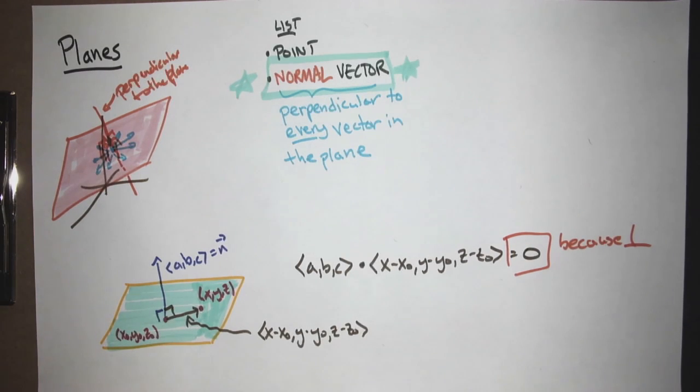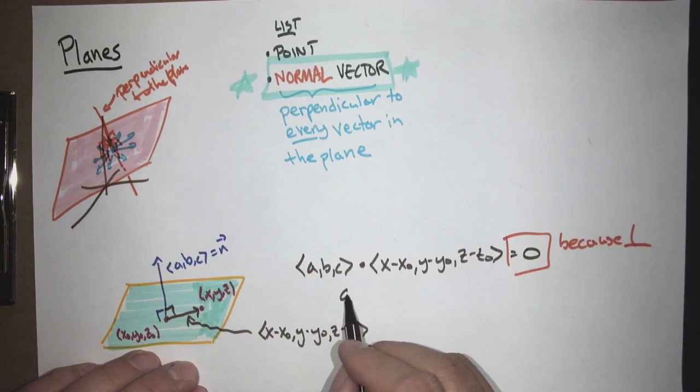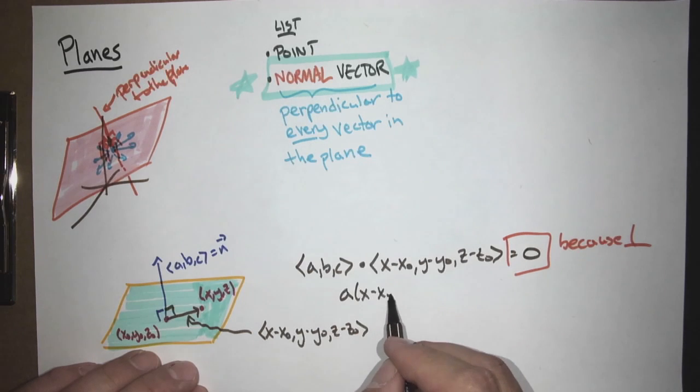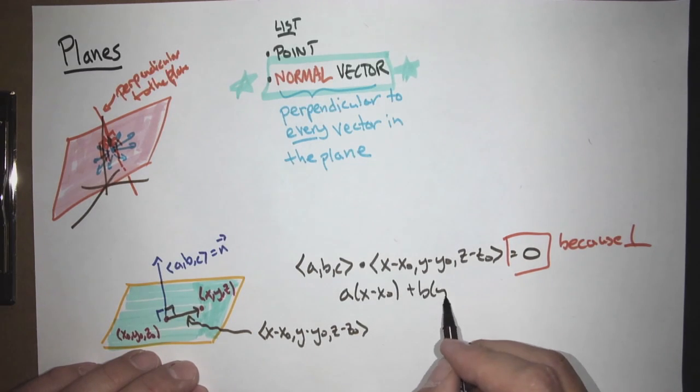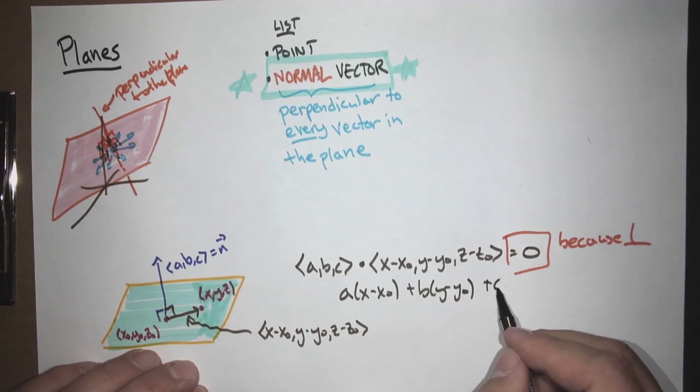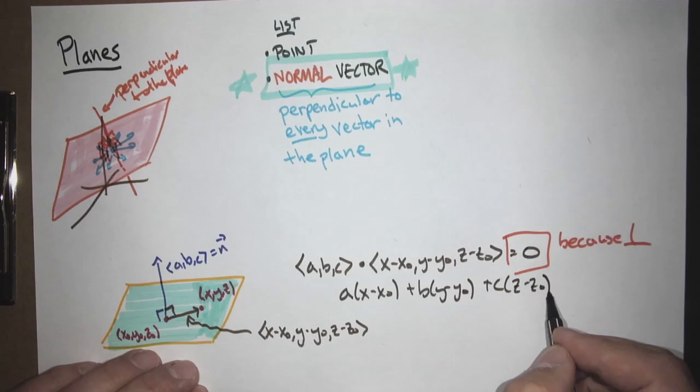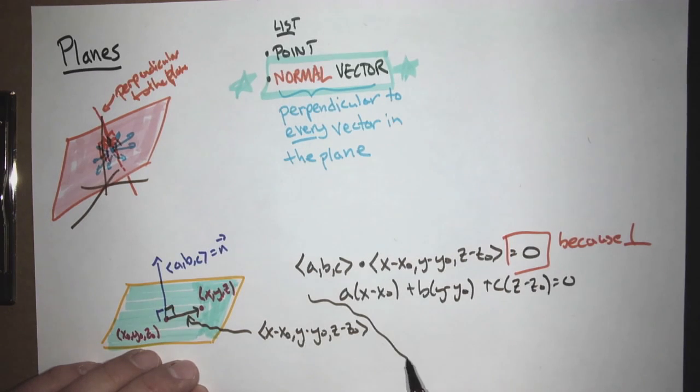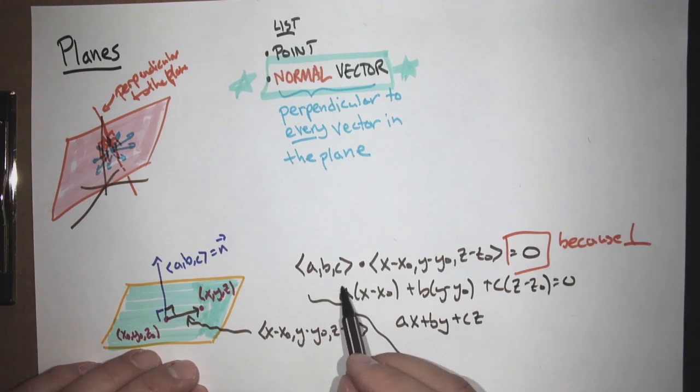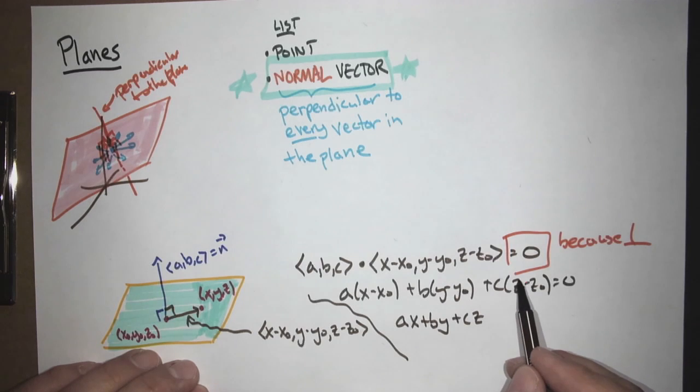All right. Well, we're almost home free. So this becomes A times x minus x naught plus B times y minus y naught plus C times z minus z naught equals 0. If you expand and rearrange, you get A times x plus B times y plus C times z. So you get your Ax, By, Cz.